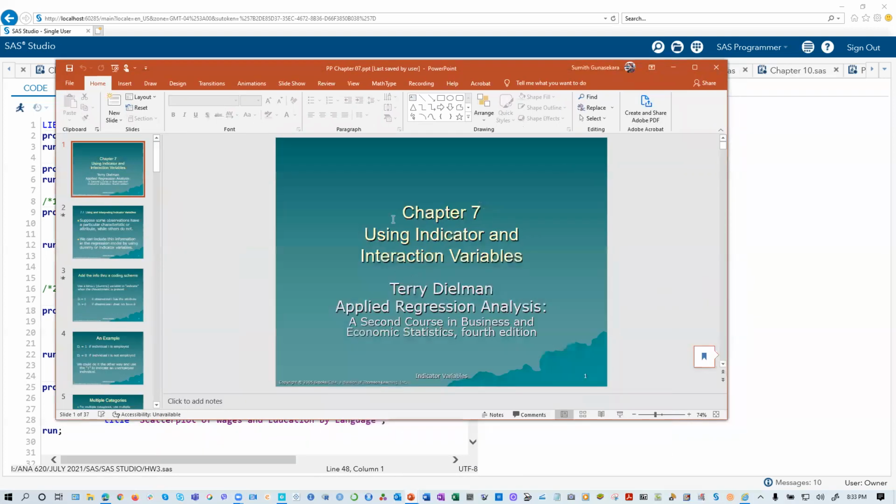And in chapter 7, so far we did the regressive variable for the x-axis as a quantitative variable. We can now include some kind of categorical variable and see how it's going to work. So that's the plan, and then run the regression.